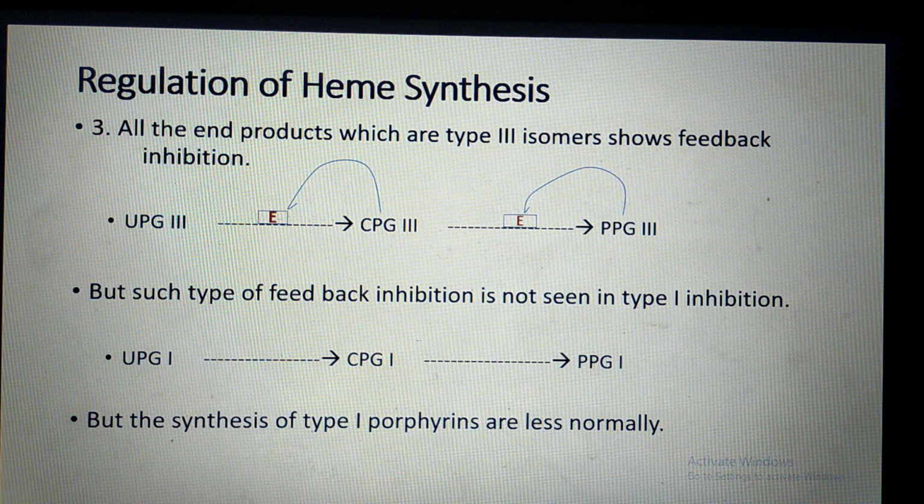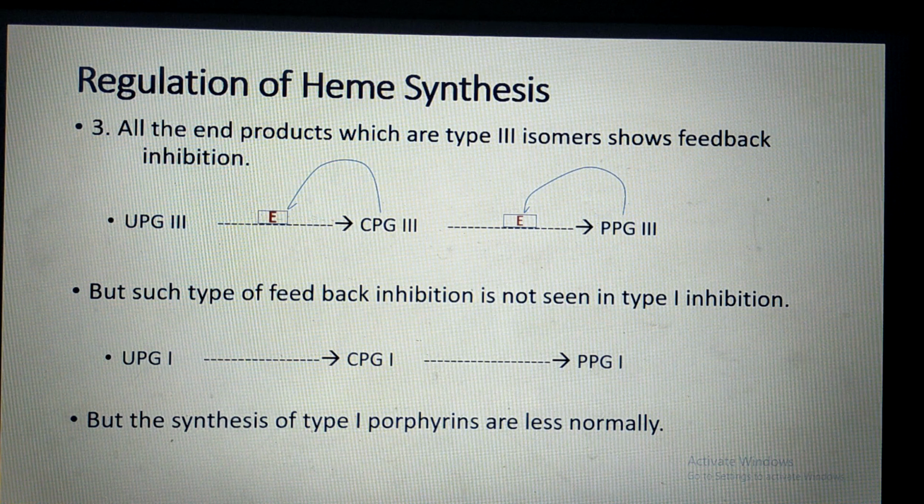But this type of inhibition is not seen in series 1 porphyrinogens. Uroporphyrinogen 1 is converted to coproporphyrinogen 1, and coproporphyrinogen 1 is converted to protoporphyrinogen 1, but this type of inhibition is not seen in series 1.